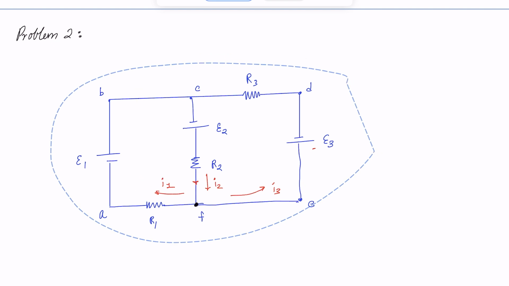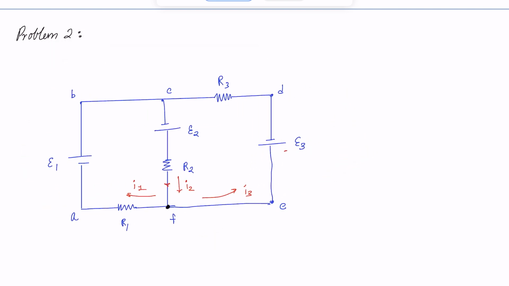Okay, so once you have specified the direction of currents, you figure out what kind of loops you have, okay? So there's one loop here, loop 1. Loop 1 is loop A, B, C, F, A, okay? Loop 2 is right here.